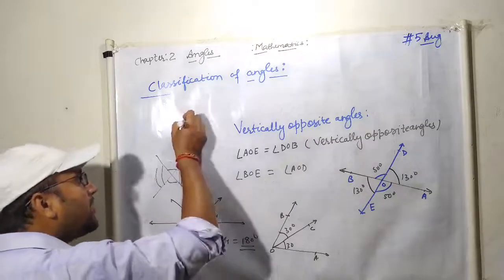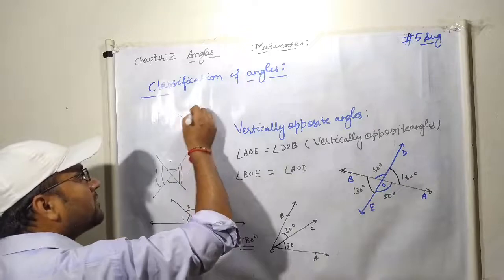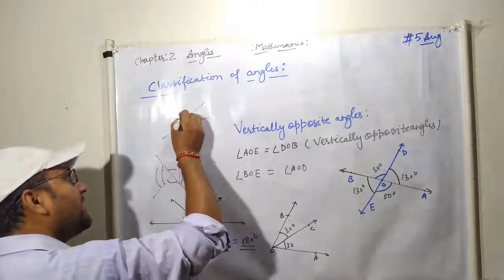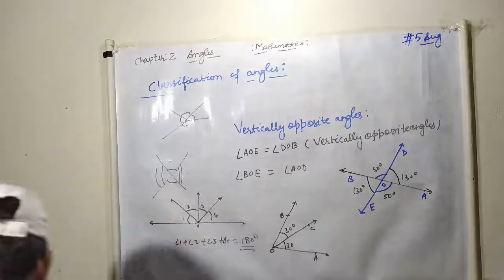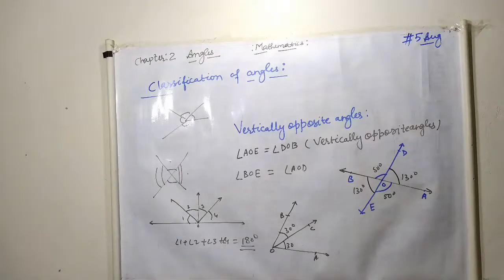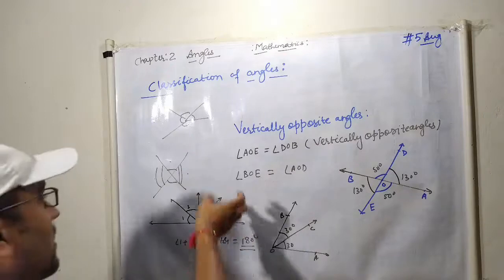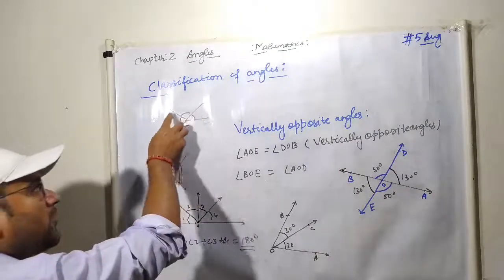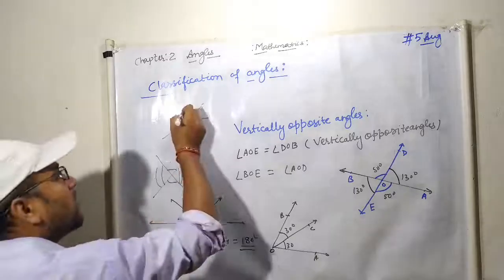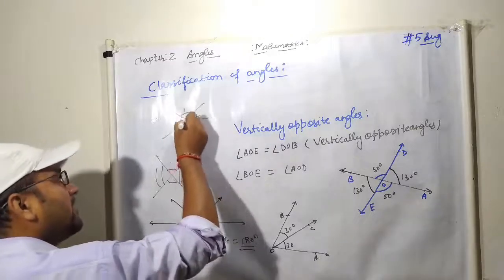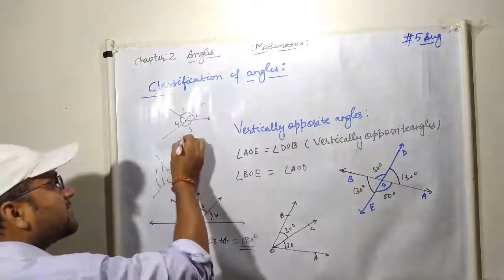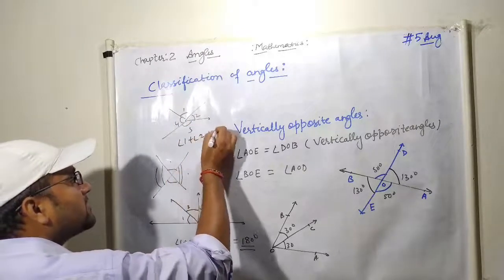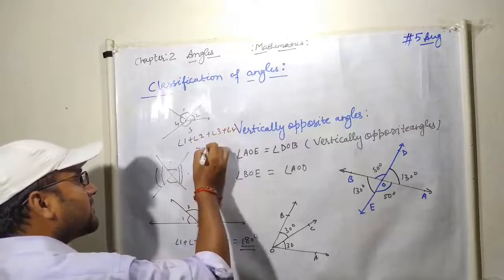And if different angles are formed at a given point, that is known as angles about a point. So the sum of all those angles 1, 2, 3, 4 at a given point is equivalent to 360 degrees, students.